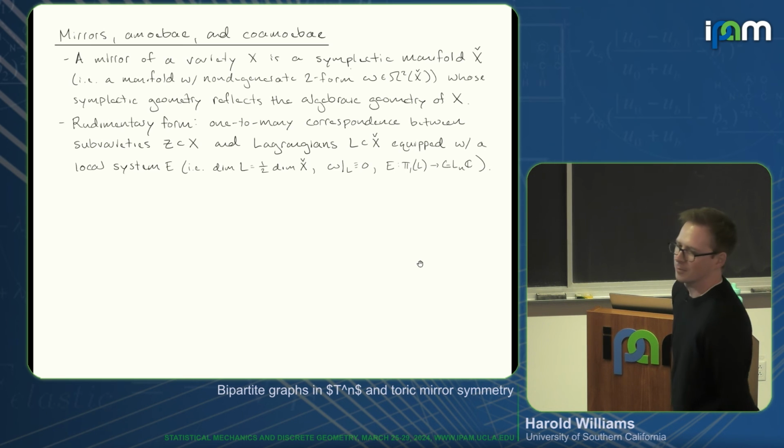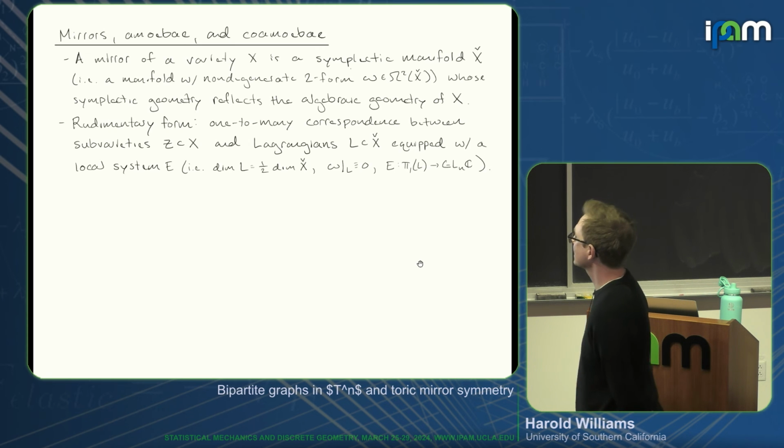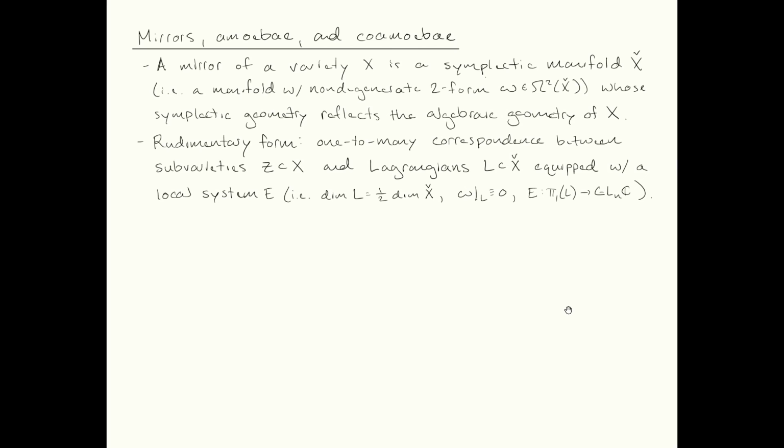In general, when we talk about the mirror of an algebraic variety, we're talking about a symplectic manifold, let's say X check here, so that's a manifold with a non-degenerate 2 form, whose symplectic geometry somehow reflects the algebraic geometry of X. And a rudimentary form of this, which is what we'll almost exclusively discuss, is that there's a one-to-many correspondence between subvarieties of X and Lagrangians in the mirror X check, or more precisely, Lagrangians equipped with a local system.